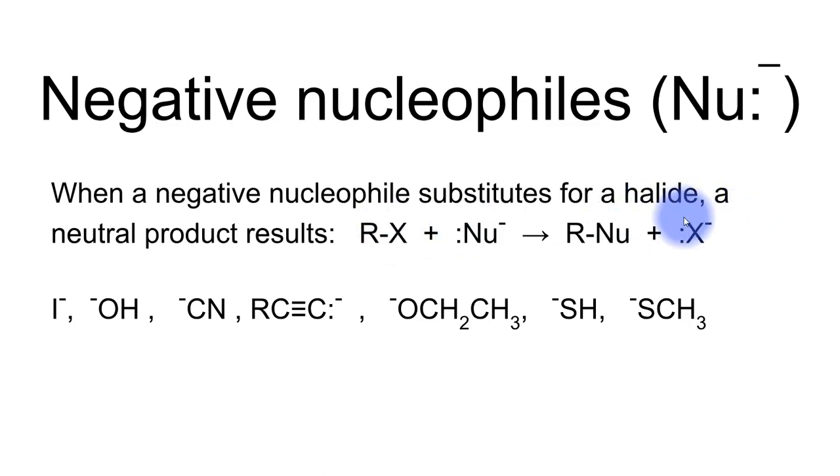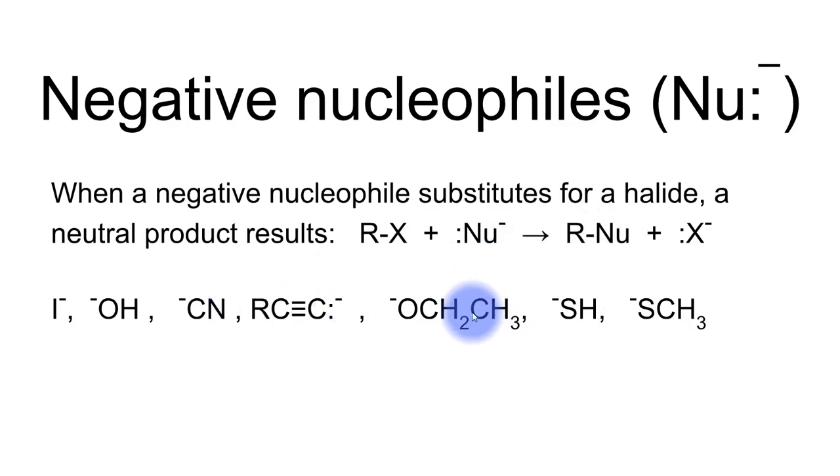Of course, it also has three other pairs of electrons, but the key is it's picking up a pair of electrons from that pair right there, and the nucleophile is going to share its pair, and so this pair that's now holding the nucleophile on is the one that came from the nucleophile. This pair that was holding the halogen on is now the one that ends up on the halogen. So a negative replaces a negative. The neutral molecule becomes a neutral molecule. So here are some of the possible negative nucleophiles.